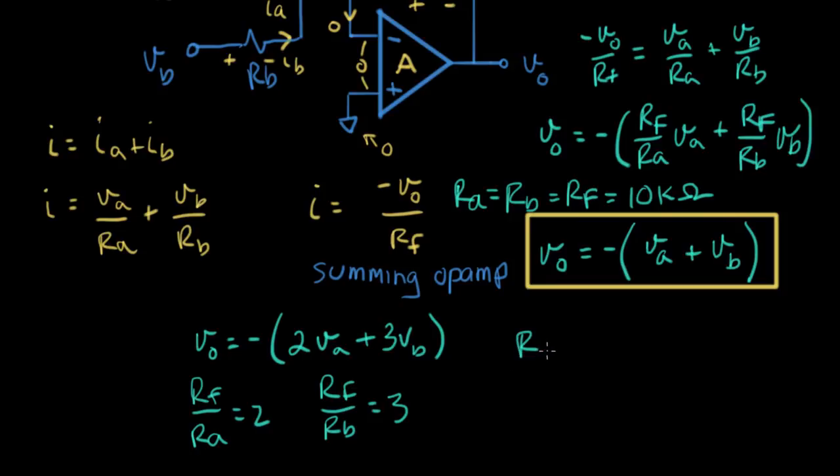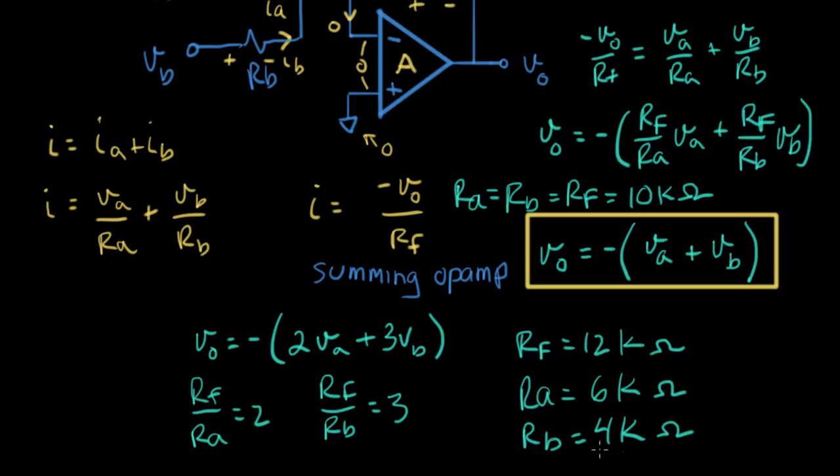If I pick RF equals 12K ohms, then I can pick RA equals 6K and RB equals 4K. That would give me the ratios I want, and that would implement this function here.